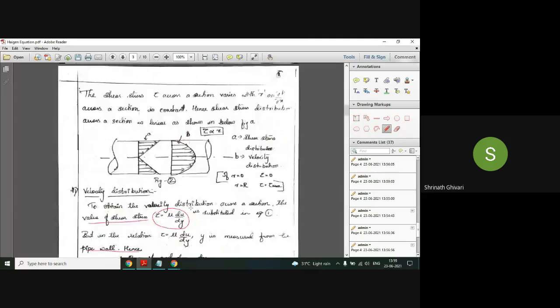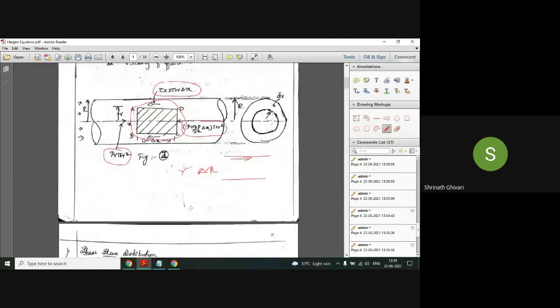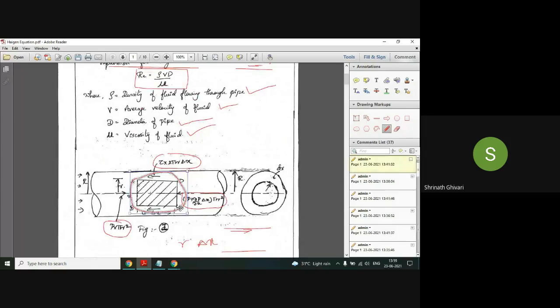How can we say that velocity will be maximum when small r equal to 0? Anyone? I'll say that velocity will be maximum when small r, not capital R, when small r will become 0. How?